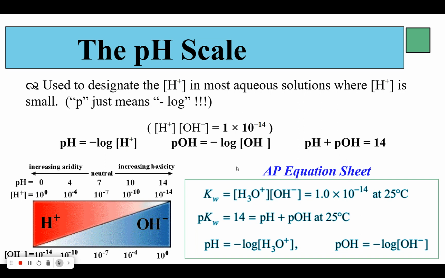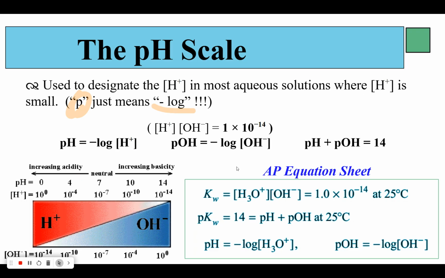So we have this scale, and literally the pH scale, P just means negative log. We're going to see a lot of that. We're going to see some pKa's and pKb's. It's just the negative log of the Ka value, the negative log of the Kb value. There's a pOH thing. That's the negative log of the OH concentration. Knowing that simplifies a lot of this from memorizing and finding equations.